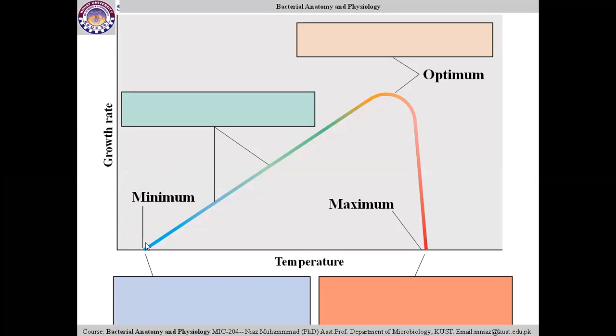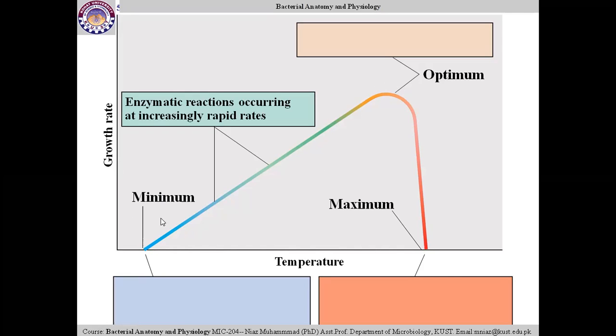When temperature is increasing gradually, microbial growth also increases. There is a stage when temperature is optimum. When temperature is too high, microbial growth stops and it is going to reduce directly. So what happens?